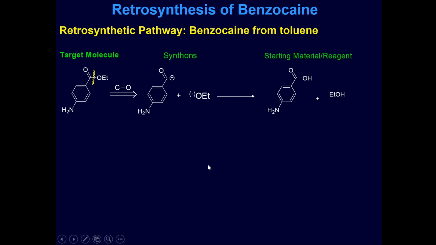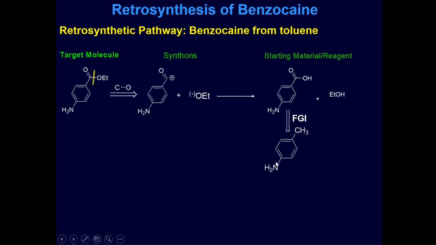It means I have to add another functional group instead of CO2, which can be interconverted to get this COOH. I replace this carboxylic functional group and add a methyl functional group. If I oxidize this methyl group, I can get carboxylic acid. That's why I can take para amino toluene.